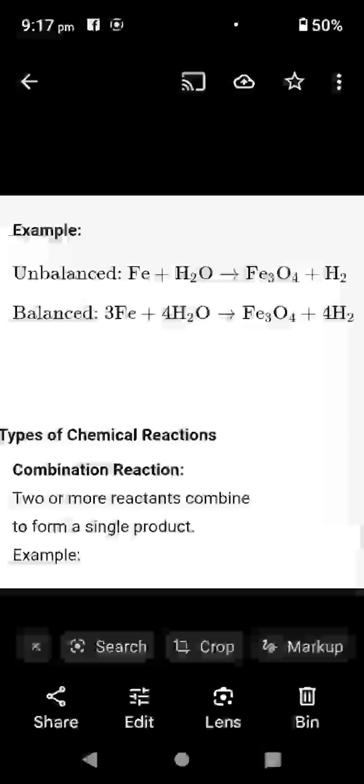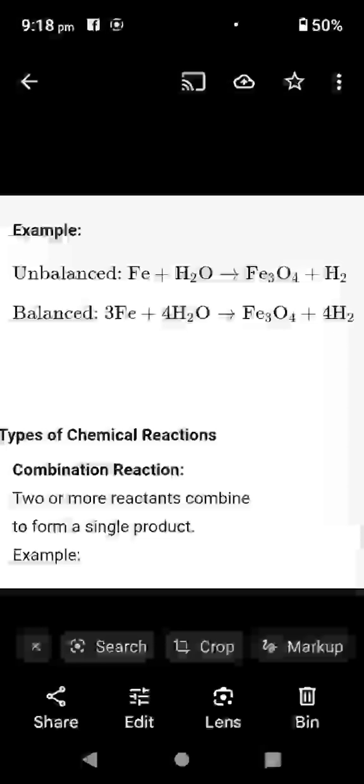So we put 4 before the H2O, so that oxygen is 4 in both the reactant side and the product side. Because of this, hydrogen becomes 4 times 2, which is 8, in the reactant side, and you need 8 hydrogen atoms in the product side, so we put 4 before hydrogen in the product side. Now you can check that iron is 3, hydrogen is 8 on both sides, and oxygen is 4 on both sides. It means it is balanced.